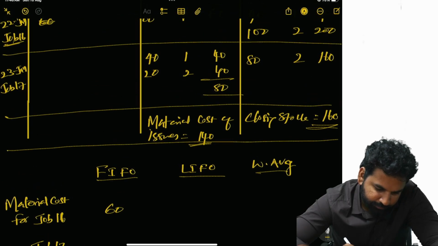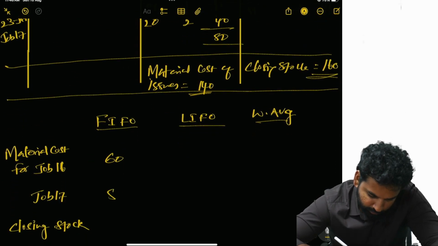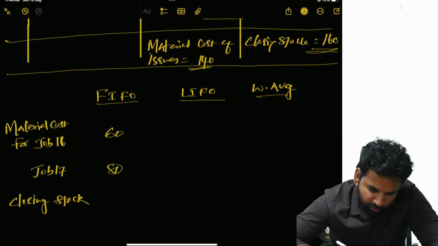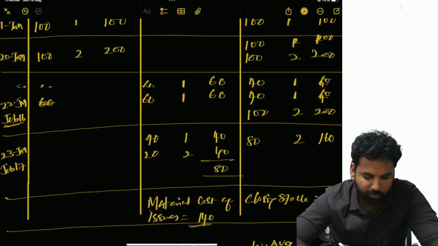Job 17, 80 rupees. Closing stock 160. Is this fine?